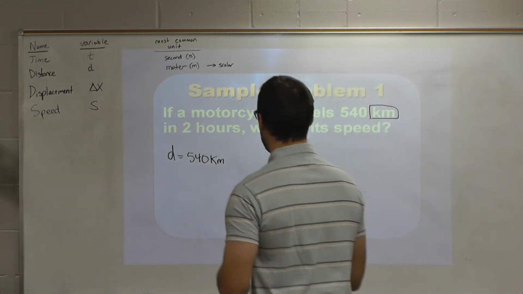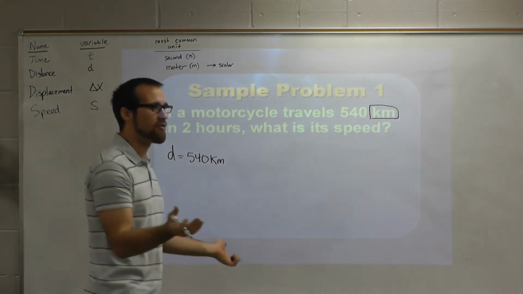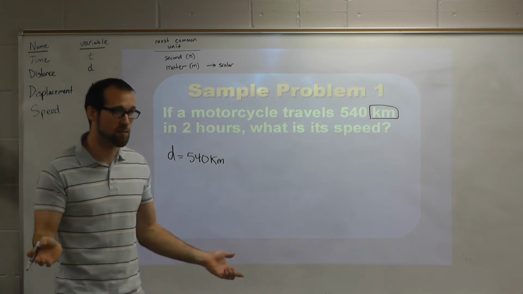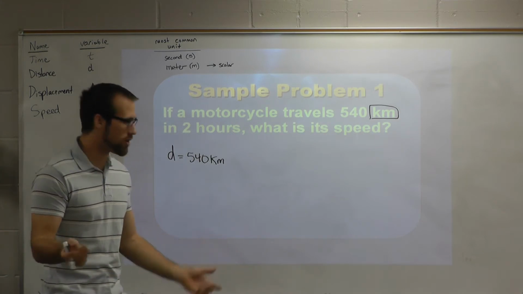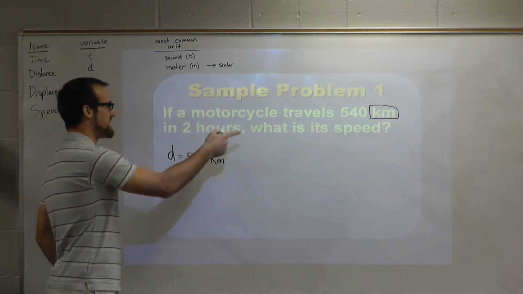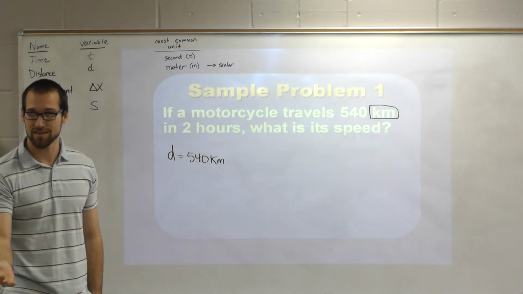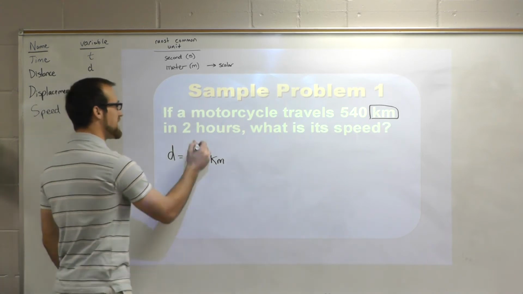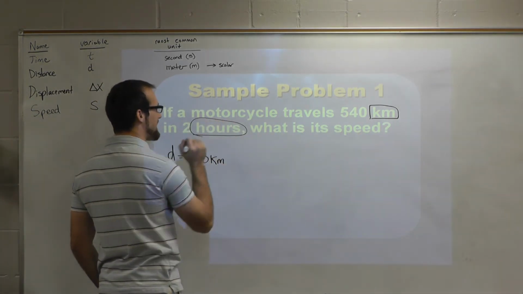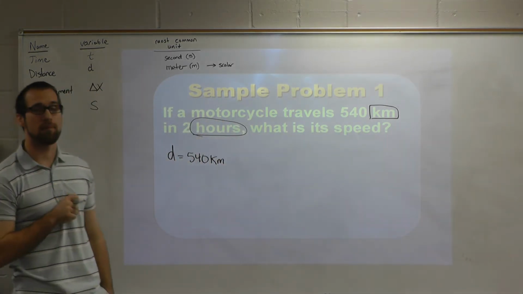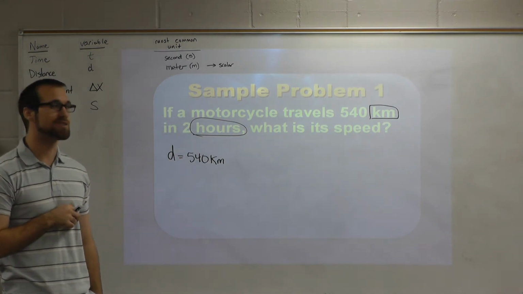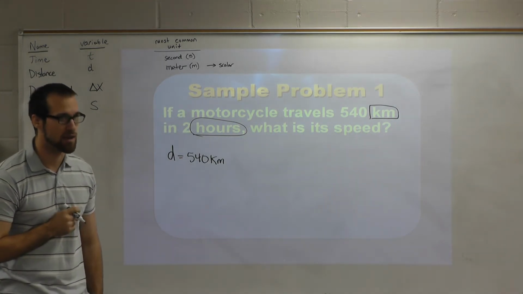Now, we know we only have one equation so far, and we know which one it's going to be. But just wait, we'll get more equations. And then it says in 2 hours. Does it say the time is? No. So you have to identify what variable it is by the unit. I know it's not the most common unit, but it is similar to the most common unit.